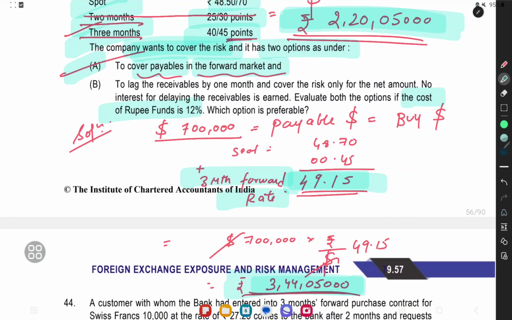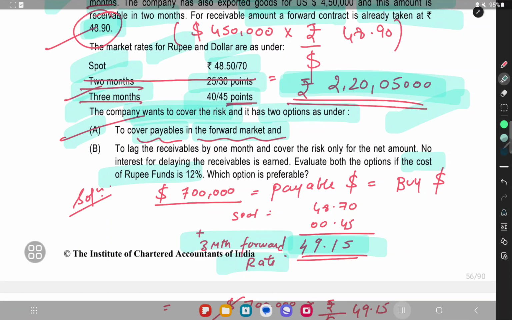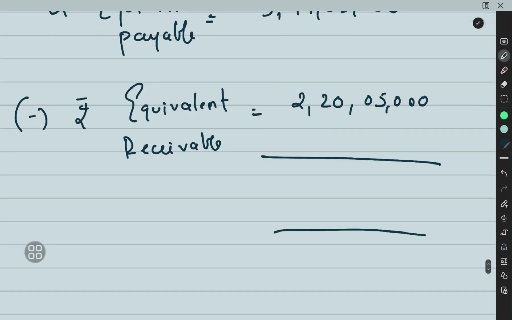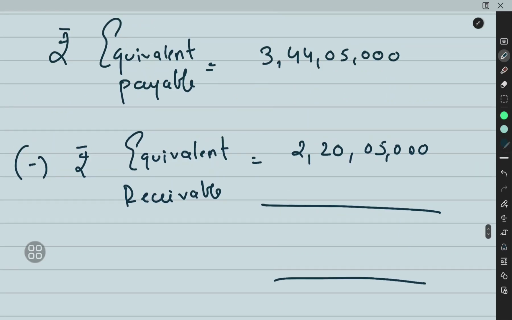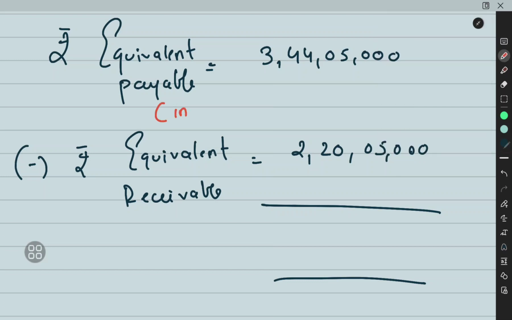Was it 2 crore 20 lakh 5,000? Okay, so this would be netted off ideally, but since I'll also write the tenure, this is in 3 months and this is in 2 months.